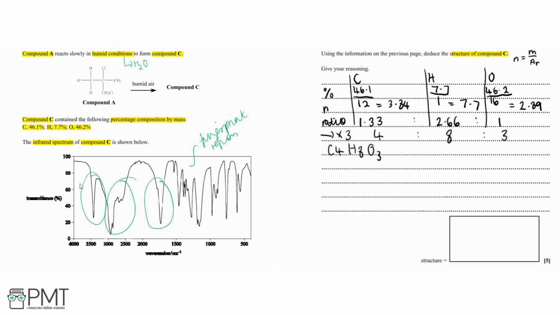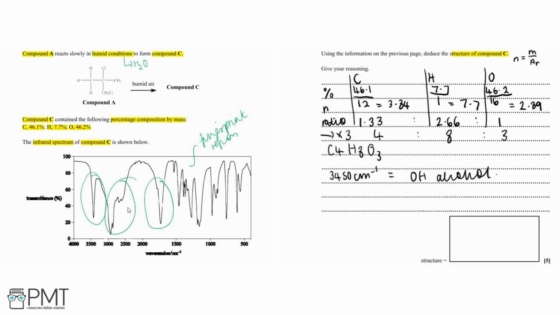So now, if you use your data booklet to look at the transmittance and the wave numbers, so the different wave numbers for these peaks, we can identify this peak here, so this is the peak at around about 3,450. This is going to belong to the OH from an alcohol overall.